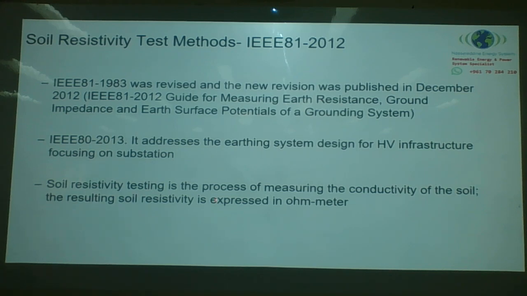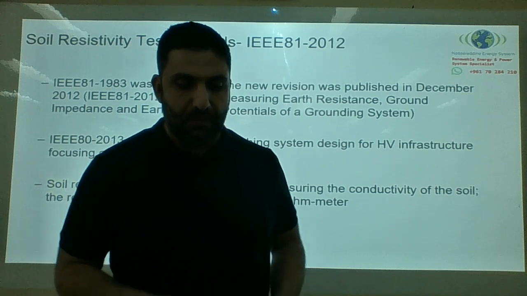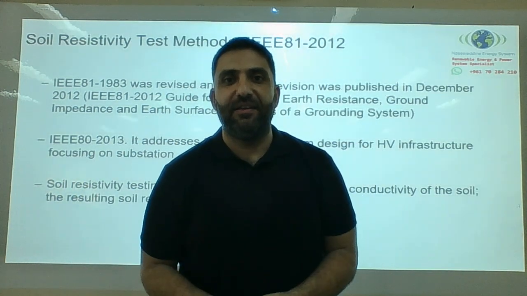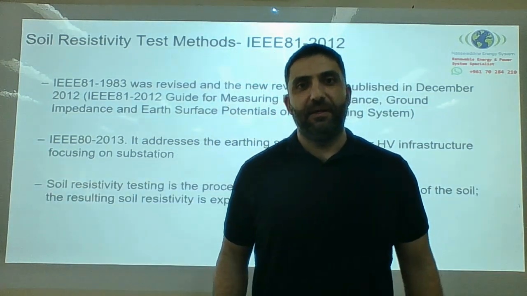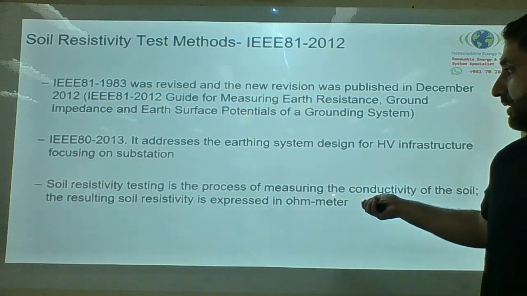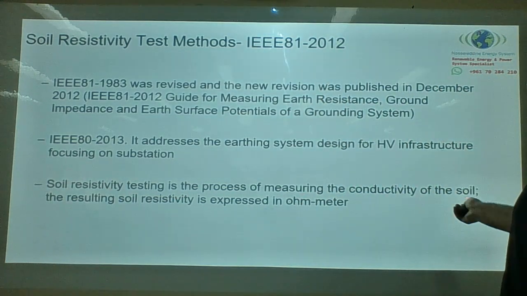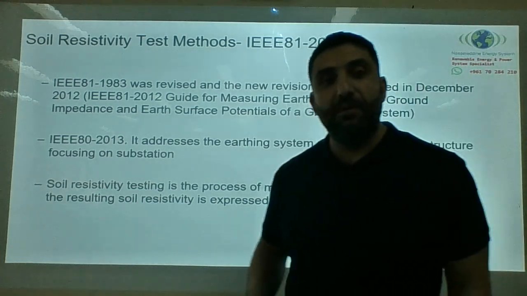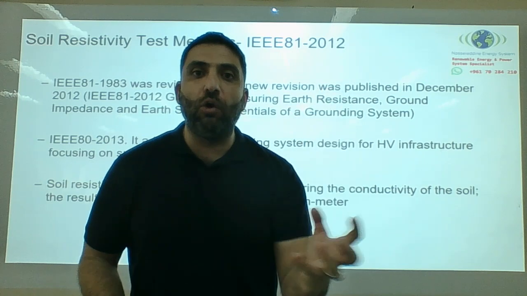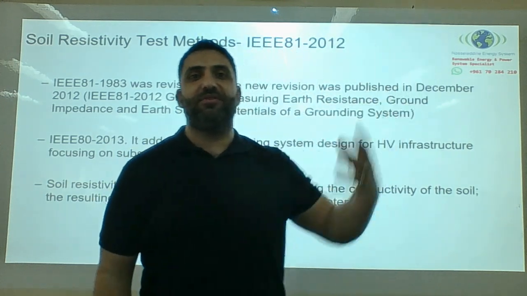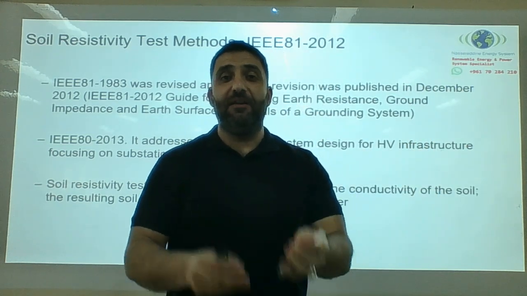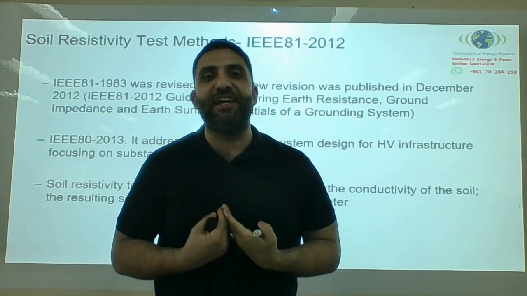Soil resistivity testing is a process of measuring the conductivity of the soil, the soil resistivity of the surrounding ground. So I need to make sure: does my surrounding soil have low ohm per meter or high ohm per meter? If high ohm per meter, I need a complex earthing system design. If it's low, it's very easy to achieve my desired resistance.